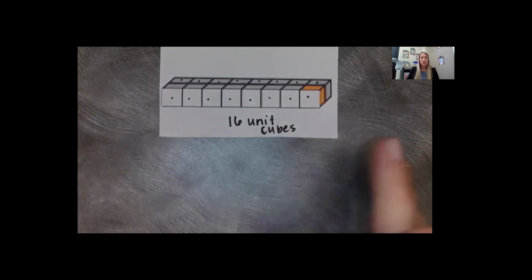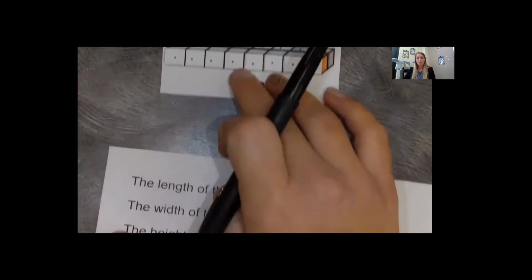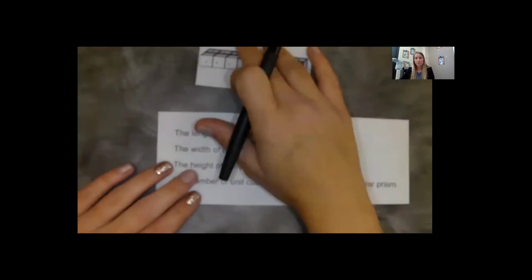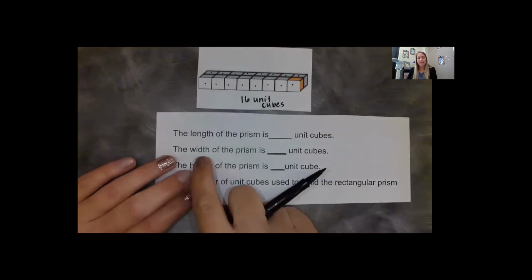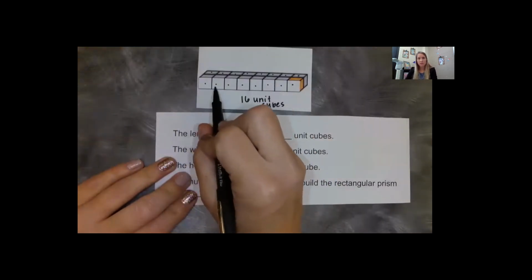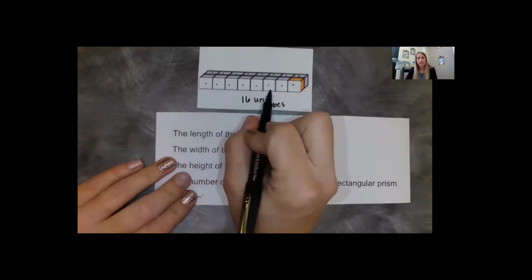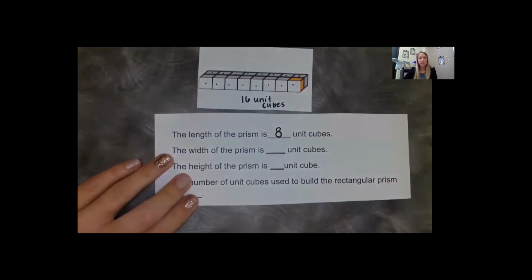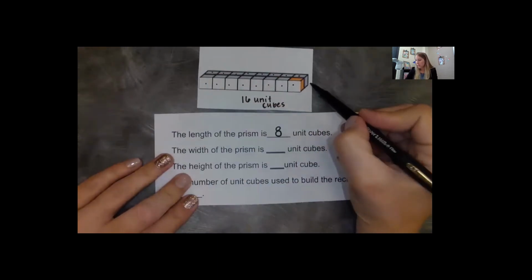All right, so let's see if we can solve this problem here. Using our visual, what is the length of this prism? Yes, the length is 1, 2, 3, 4, 5, 6, 7, 8. It's made up of 8 unit cubes. The width is 1, 2.